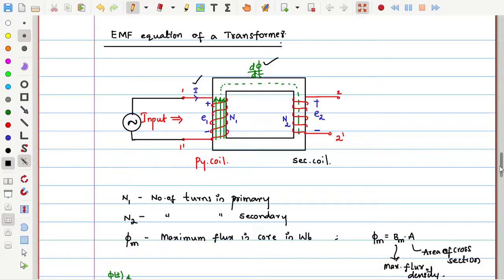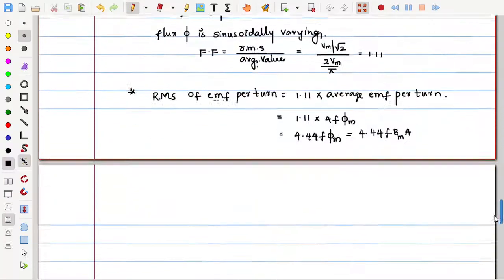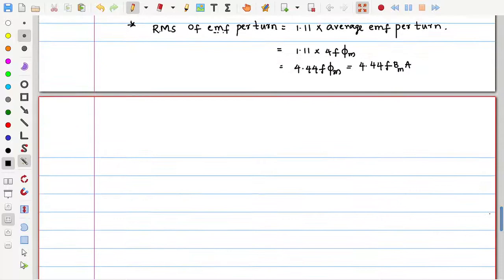So the induced EMF in coil 1 is equal to the rate of change of the flux into the number of turns of coil 1. Now the induced EMF, which is of course the RMS value.